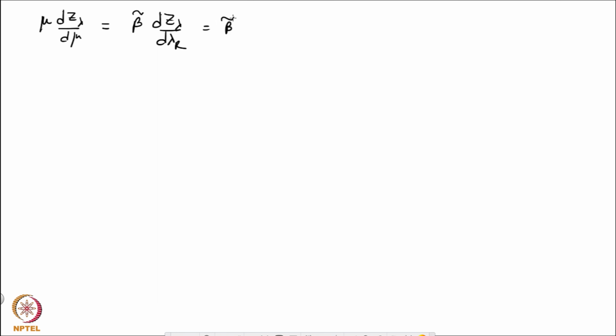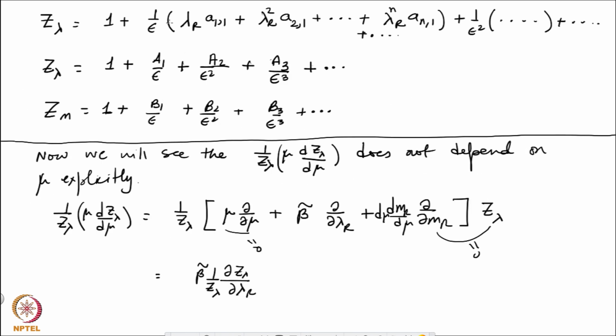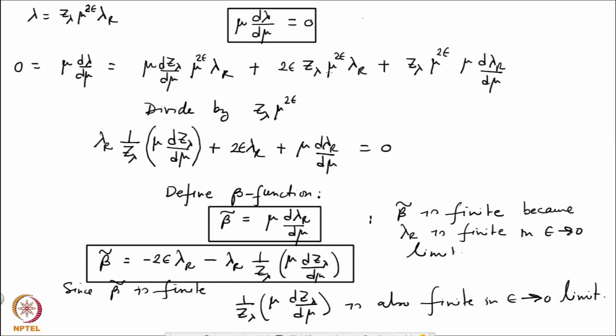So what does that give you? It gives you beta tilde. Now we are taking the derivatives. So z lambda, the first term is 1, differentiated with lambda r gives you 0, so that goes away. Second term is 1 over epsilon. The expression of z lambda that I am taking is in this form.